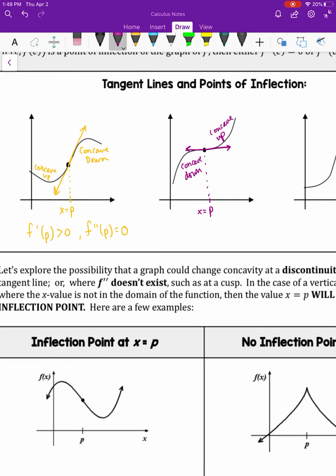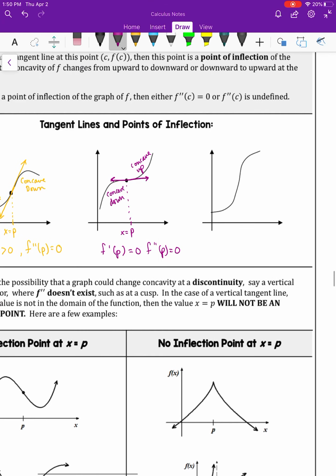Your first derivative is 0, because that's the slope of your tangent line, but your second derivative would be 0 at that point also.